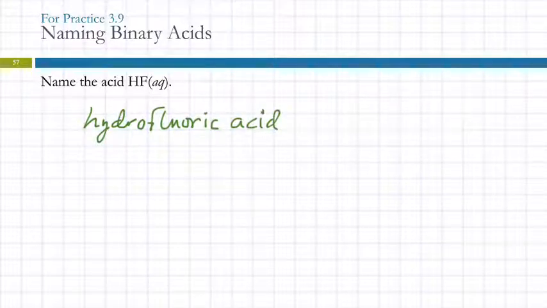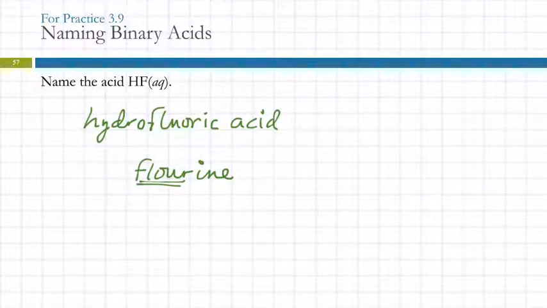Now, I just want to remind you, there is no flour in fluorine. See the flour? Fluorine is gluten-free. It's fluorine. Well, I can't write that. It's UO, not OU. So if you see flour showing up in any of your names, you've switched those letters. Okay? Hydrofluoric acid. Any questions?